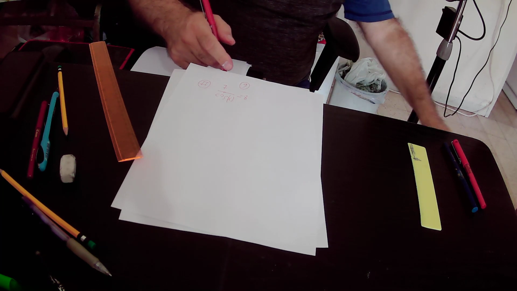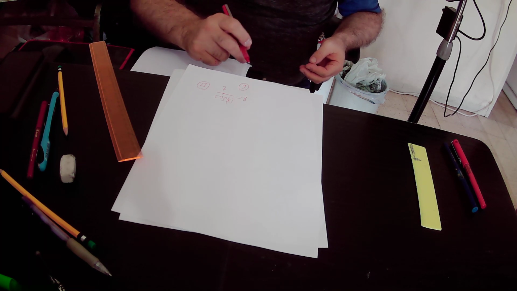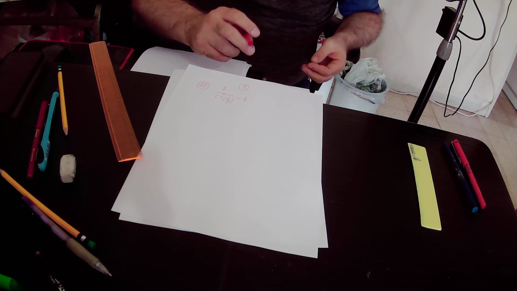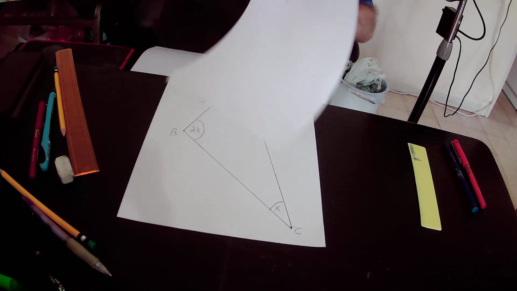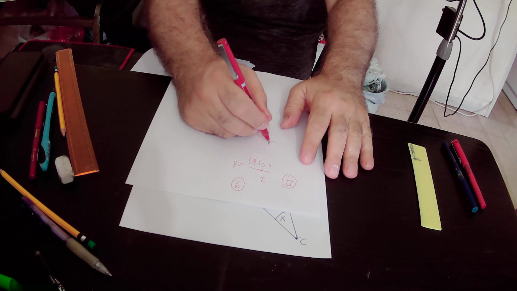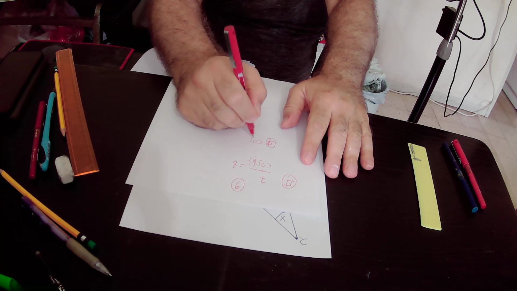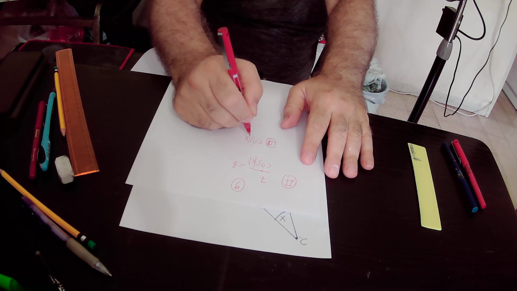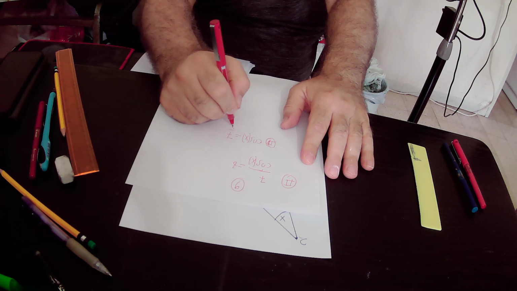So after we cancelled sine x, we got that 7 over cosine x equals 8. Here we will multiply this equality by cosine x, and then we will divide it by 8. We will get that the value of cosine x is 7 over 8.